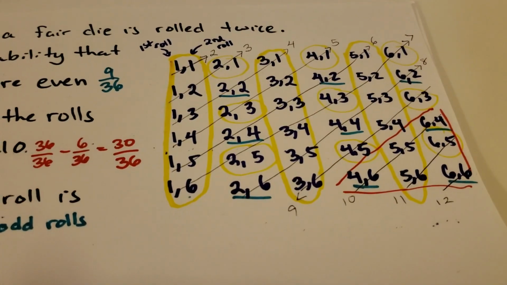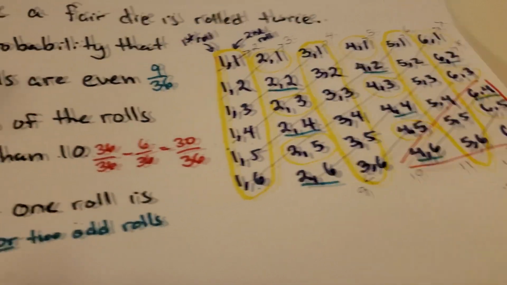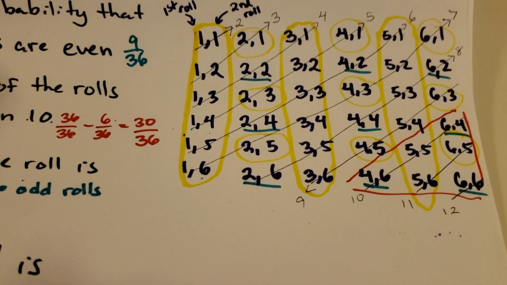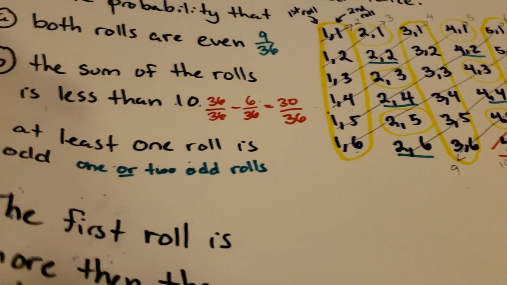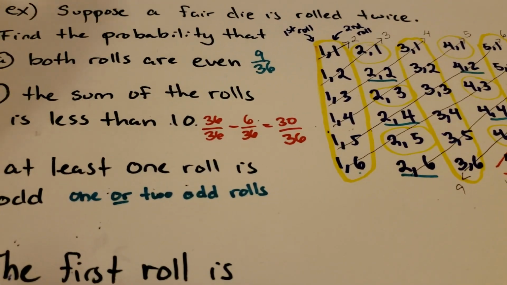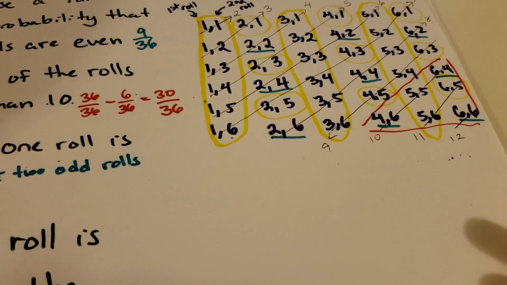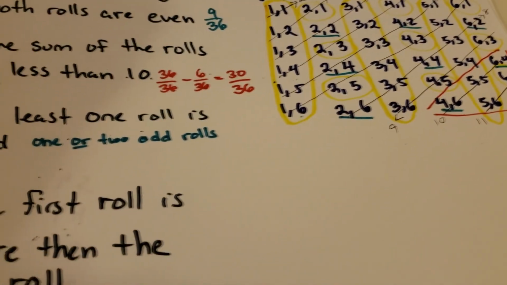Okay, and what's interesting now is we might notice that if we look at what we did for part A, where both rolls are even, those are the only numbers in our sample space that haven't been circled or included here. So what we did in C ended up being the complement of A. Sometimes you don't notice this until you go through and solve the problem, but as you do more problems, you may begin to recognize things like this and have a quicker time solving them.